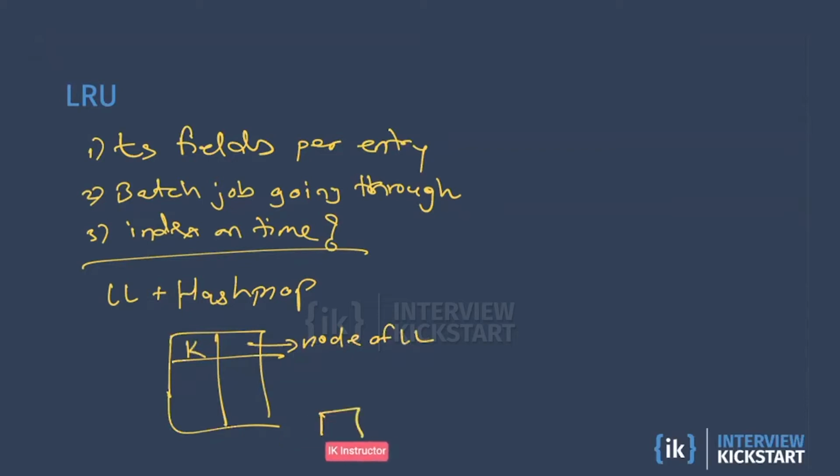So let's say I have a linked list. Is it a singly linked list, doubly linked list, or does it matter? Doubly linked list. Okay. And we will move the node to the front whenever a value is read.